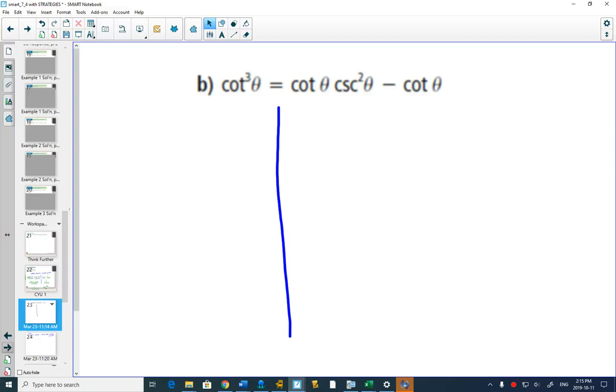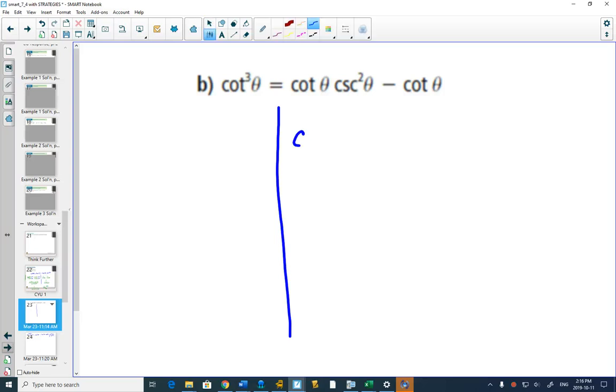One of the new ones that we have is that there's a relationship between cotangent squared and cosecant squared. So when I look at this question, I notice that I've got cotangent, I've got a cosecant squared. What is cosecant squared equal to? Cotangent squared plus 1.